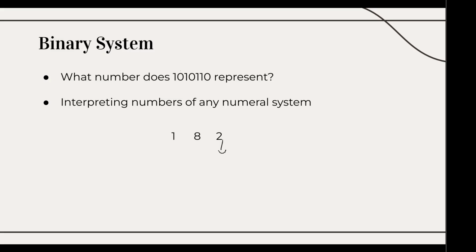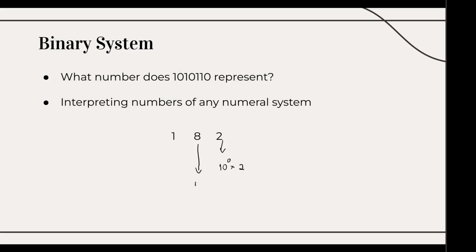So here we would have 10 to the power of 0 times 2, because this is a decimal system, right?